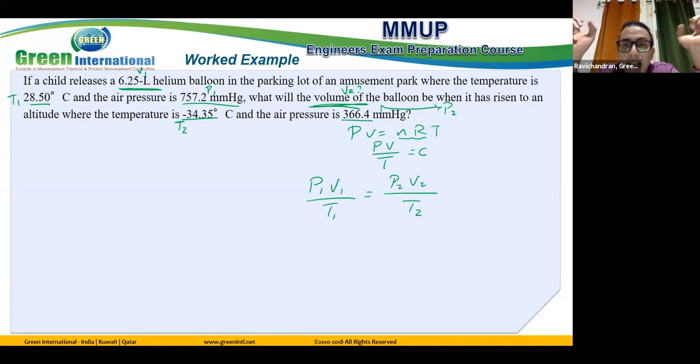But temperature is a must, because the temperature changes from Celsius to Kelvin by plus 273. This one is plus 273, this one is plus 273. So in this case, we can cancel 273 from these two sides. So it is a must to change from Celsius to Kelvin. Pressure, no problem. Just keep it in the same units, but it's no problem to change to standard. Okay. Volume as it is, no problem, the same. This V1 is liter, so we can get V2 in liter, no problem also.